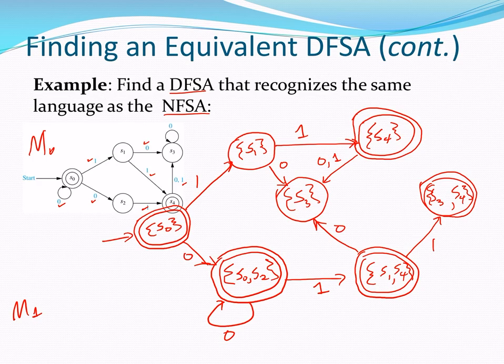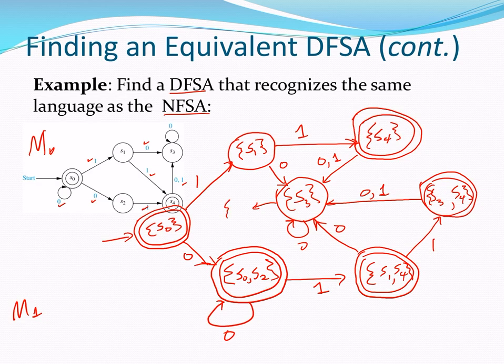And now with state 3 and state 4, if a 0 comes in, it goes to state 3. And if a 1 comes in, it goes to state 3. So we'll just draw a 0 and 1 there. Now for state 3, it stays with state 3 if a 0 comes in, but if a 1 comes in, it goes to the empty state.